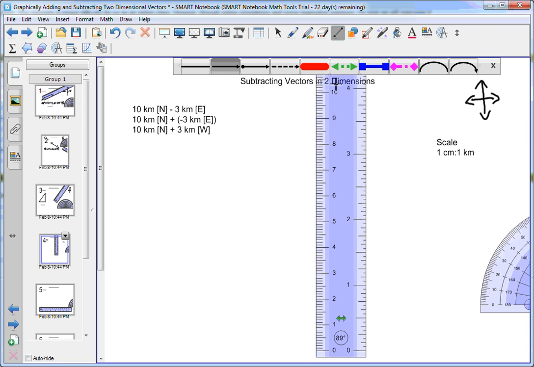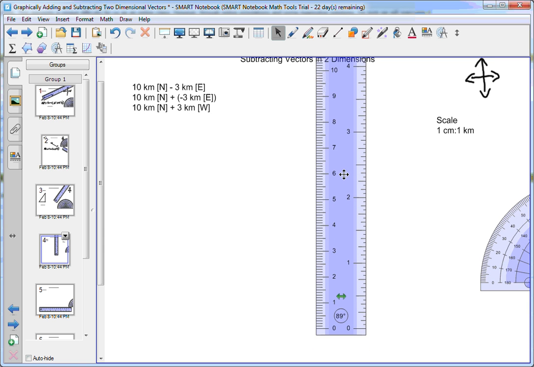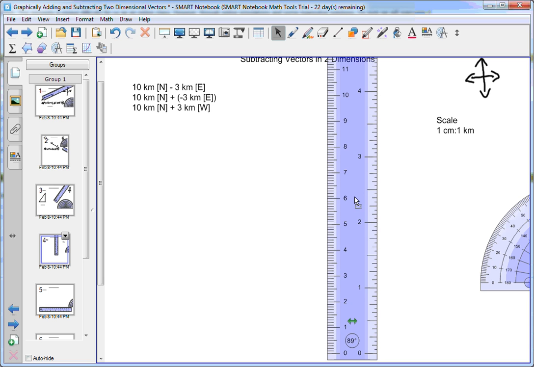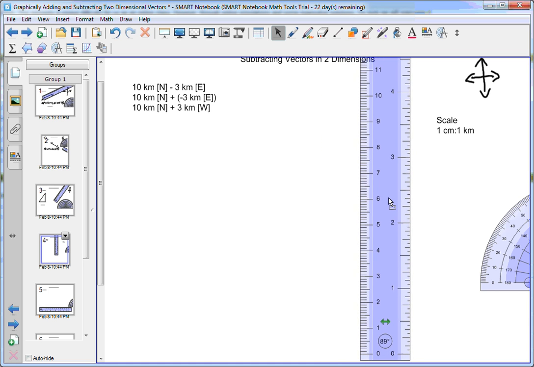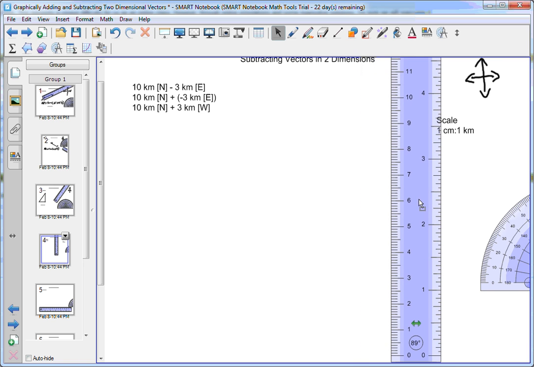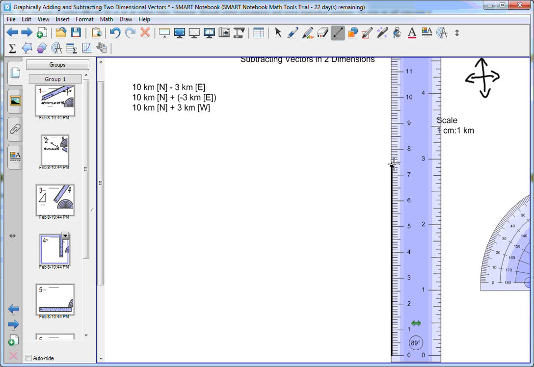I'm going to slide down my page a bit, and I'm going to be adding it in the west direction, so I want to go this way a bit. Draw my line 10 centimeters long.